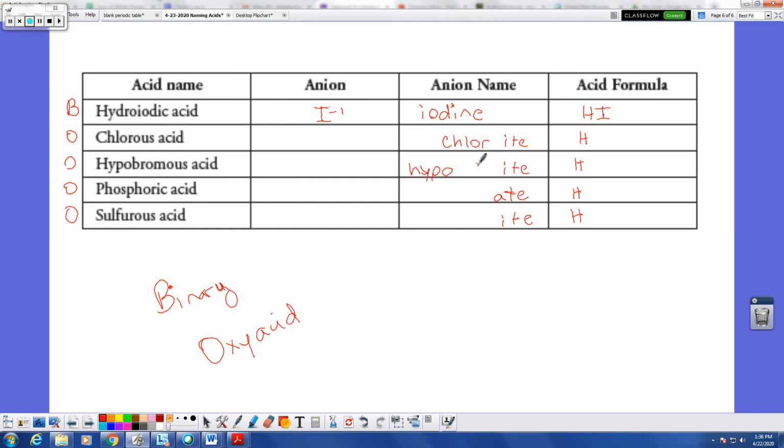Chlorite, hypobromite, phosphate, sulfite. So you should have phosphate memorized or be working on memorizing it. That's PO4 minus 3. So that's going to make H3PO4.